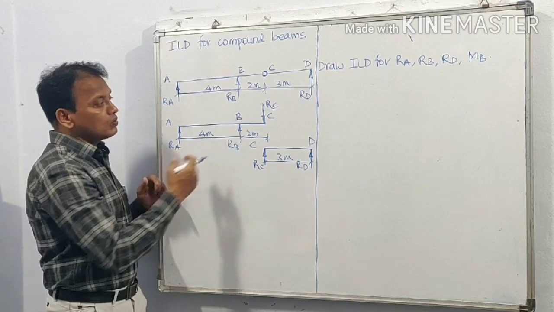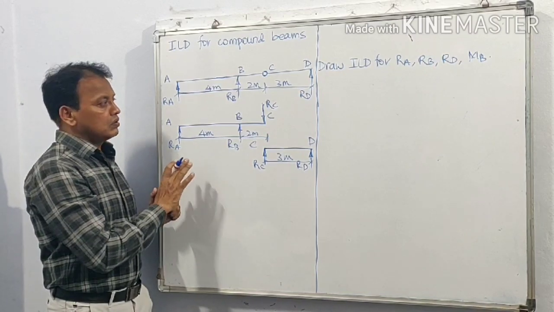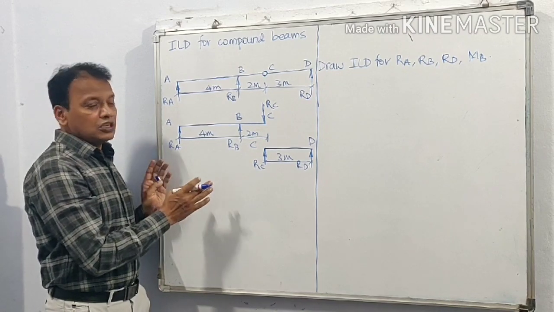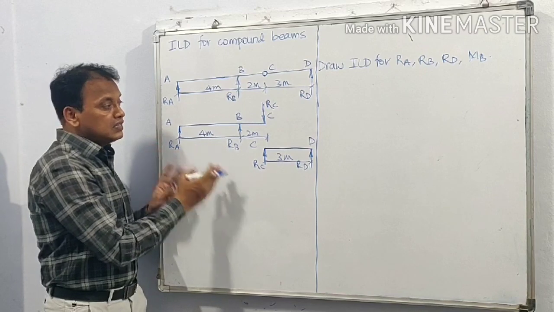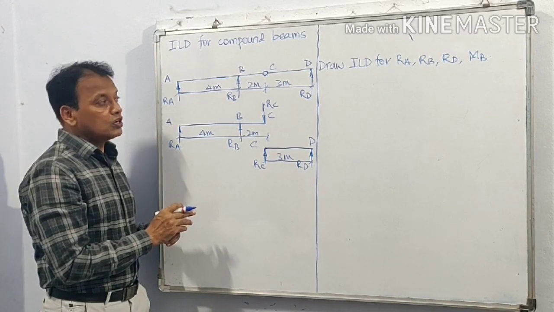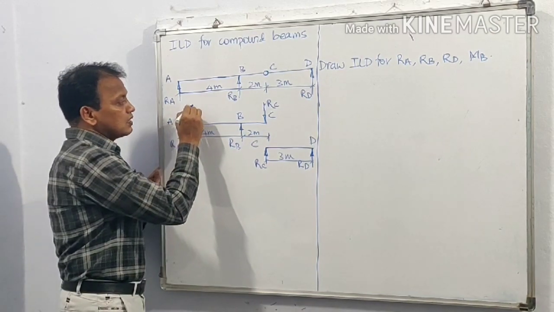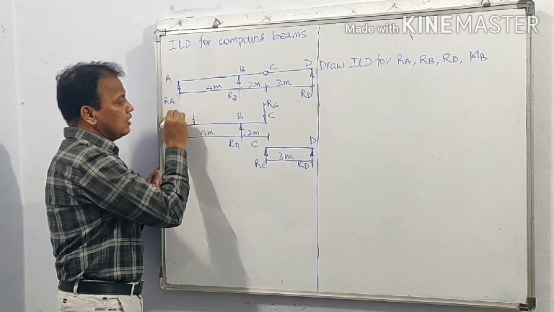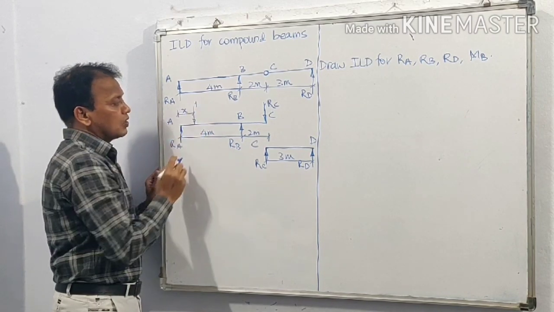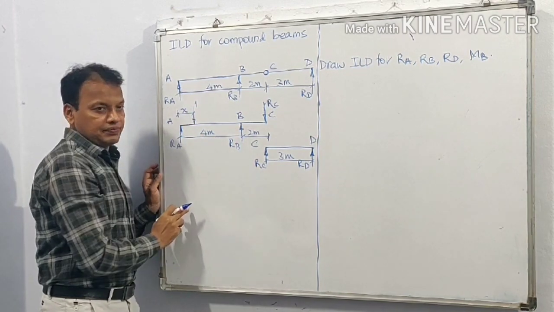Forget what we have already calculated earlier for the simply supported beam and overhanging beam. Or if you can remember, then we can easily make these calculations. But if you don't remember and you have to analyze once again, then consider a unit load anywhere on the right hand side of A on beam ABC.